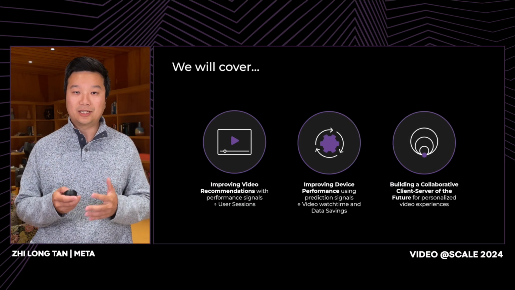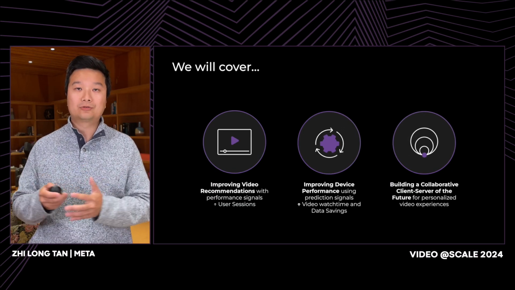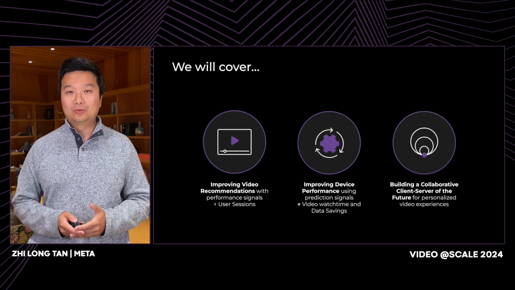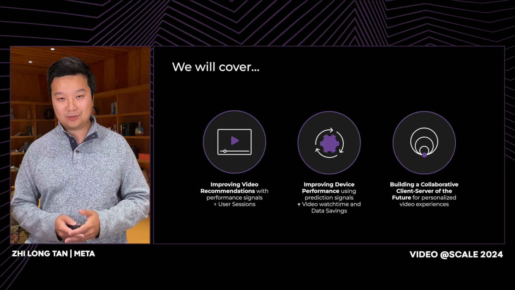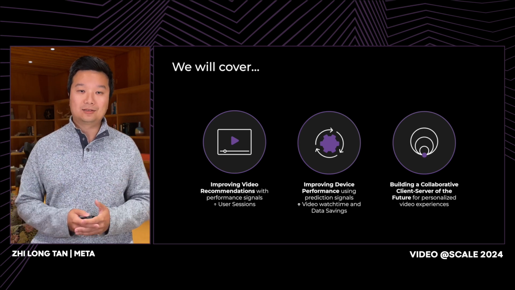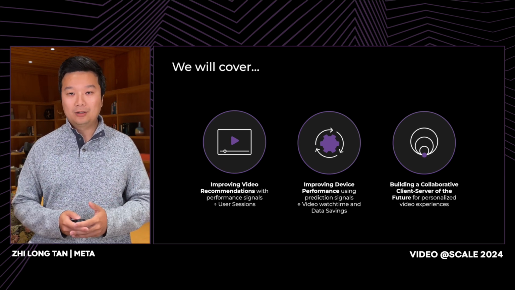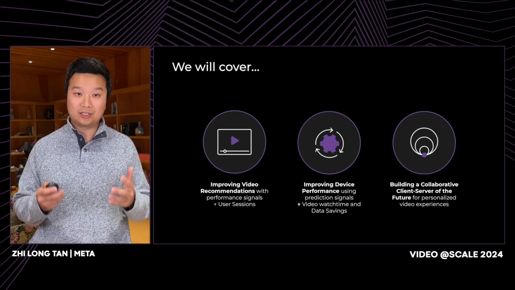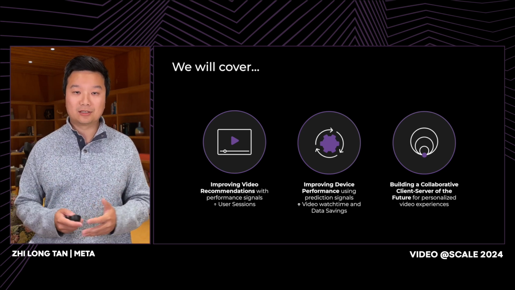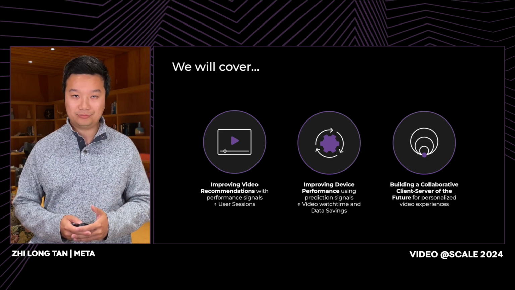This involves sending signals the other way around, from the server to the client. We observe improvements in video watch time and data savings. The last idea is using the same infra, which enables effective, real-time client-server signal sharing to enable personalized video experiences at scale.